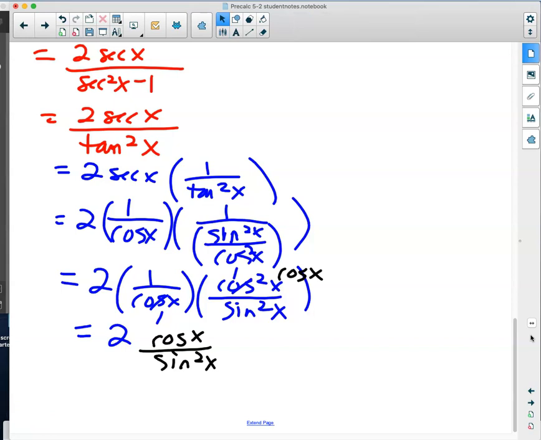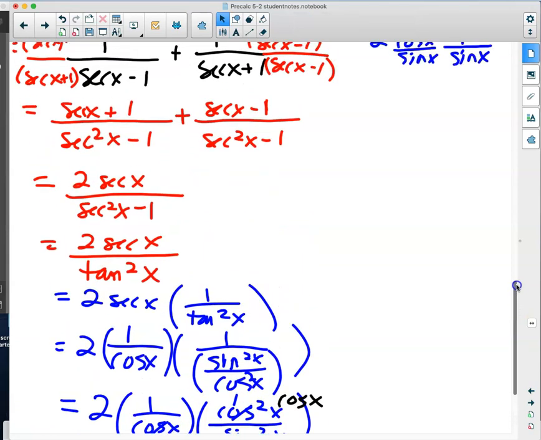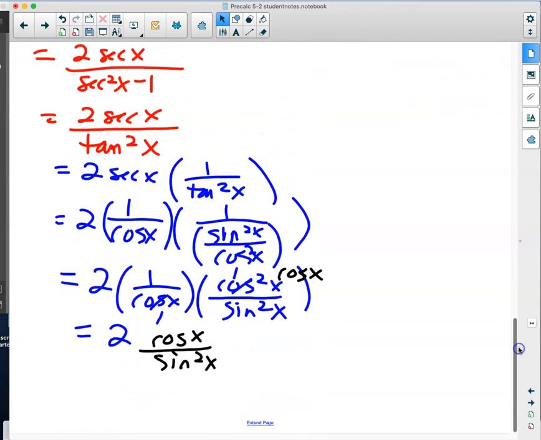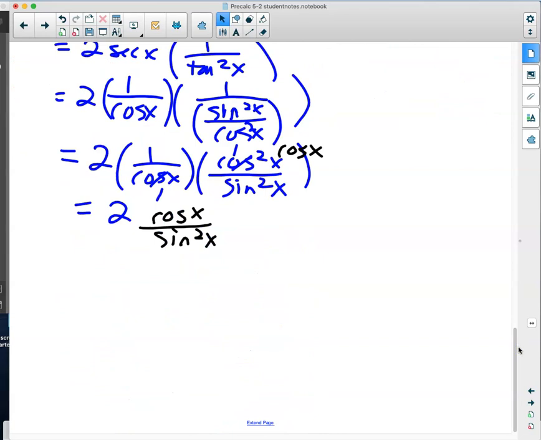So let's go see where we were trying to go with this. Then we wanted a cosine of x over sine of x, and a 1 over sine of x. Can we break it apart to get that?